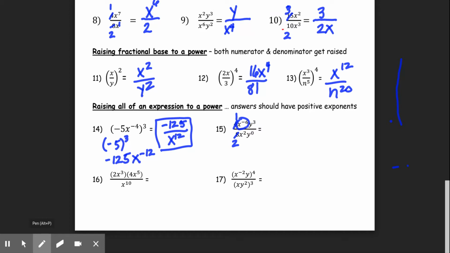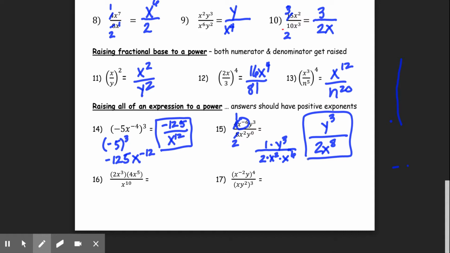So what it's going to look like, basically, is we're going to have a 1 over 2, and we're going to have x squared down there along with x to the +6th, and then that y to the 0 power is just 1. And then, so basically, we're going to have y to the 3rd in the numerator. So our final answer will be y cubed all over 2x to the 8th power.